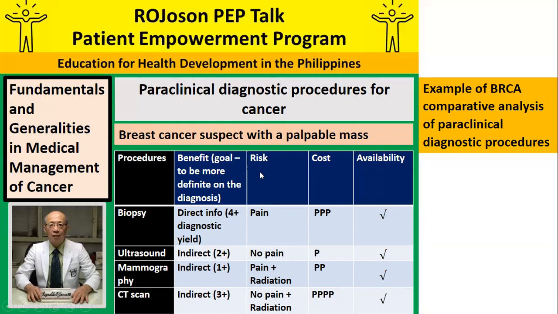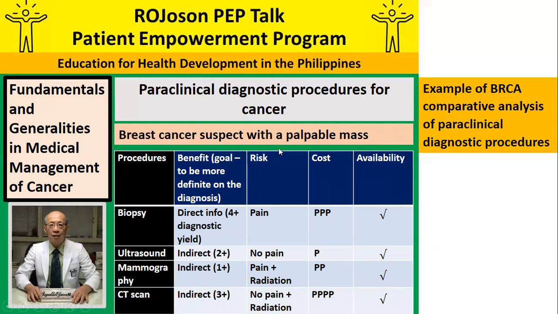On the risk column, listed are the side effects or concerns of the patients with each procedure. So pain on biopsy; no pain on ultrasound; mammography, pain plus radiation; CT scan, no pain, but there is radiation.